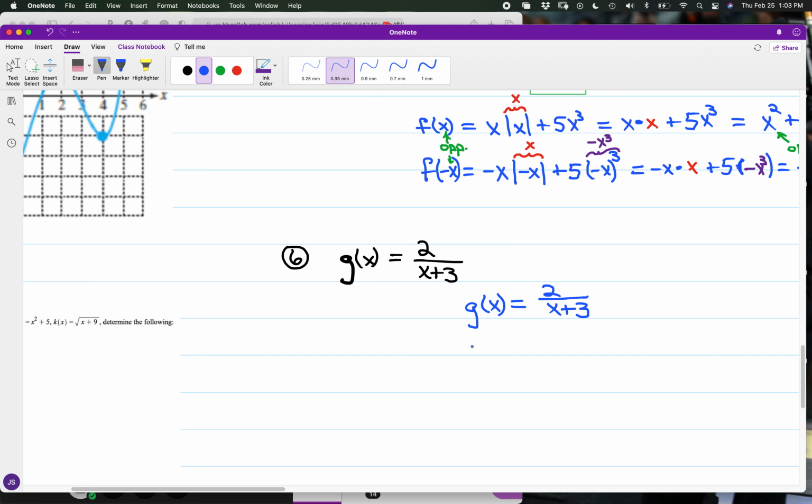And for g of negative x, so you have 2 over negative x plus 3.